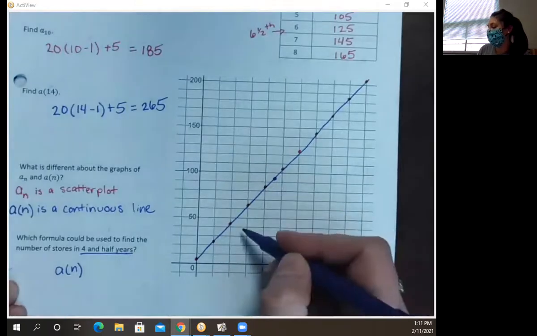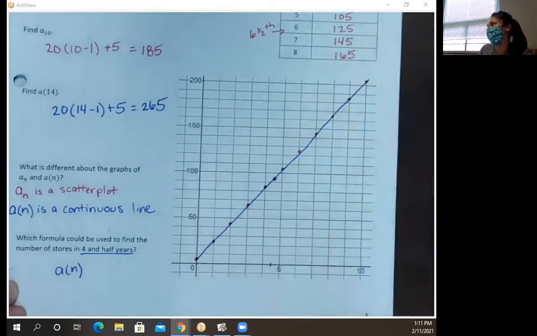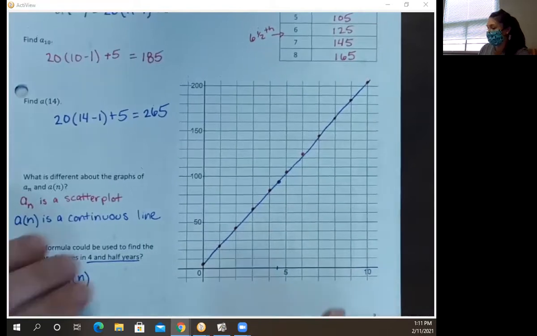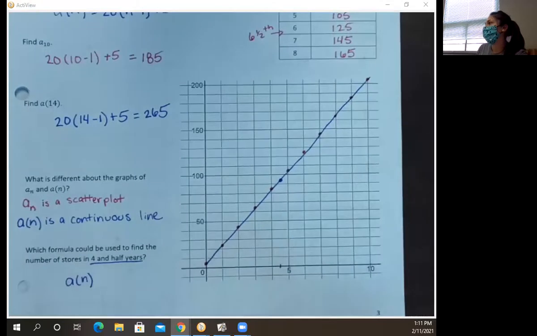No, I'm looking at the last graph. The red points were my sequence. The purple was my function. What's the difference between them? Just for this last graph, the purple versus the red.